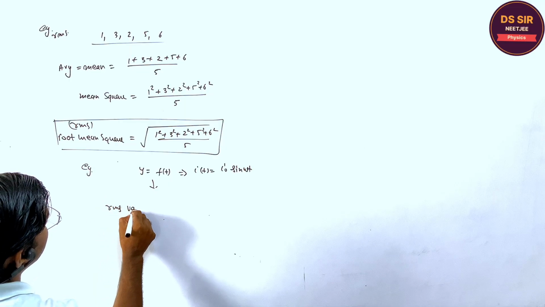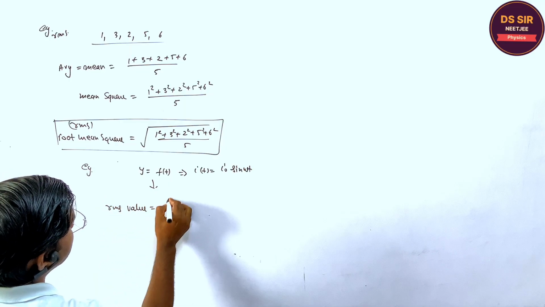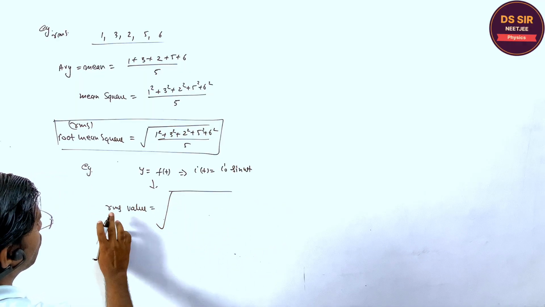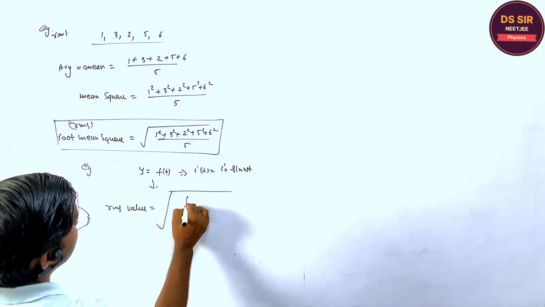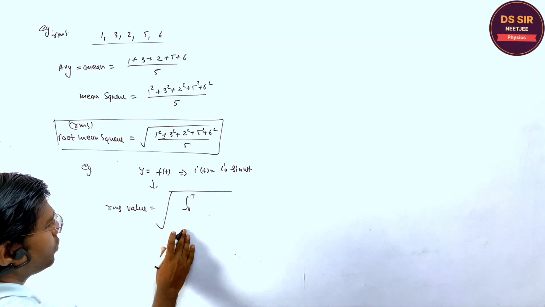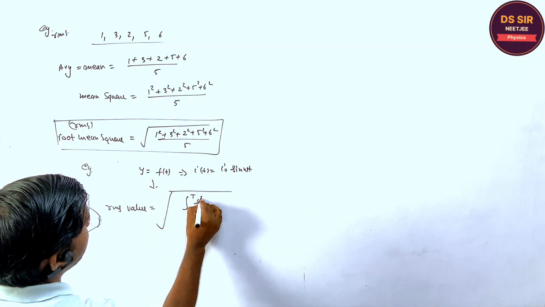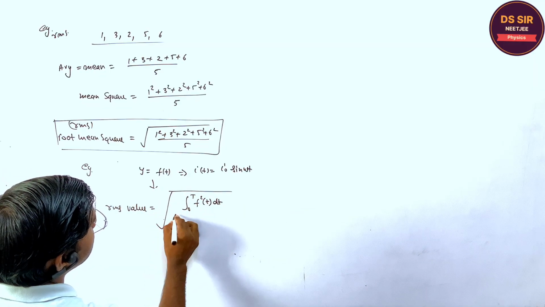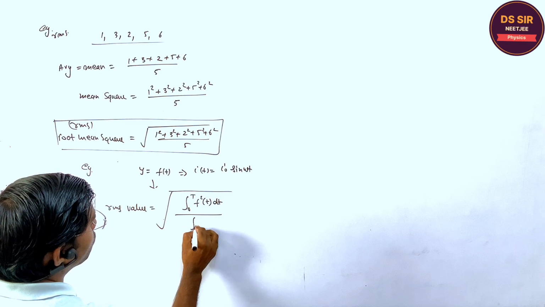The square root of the mean, from 0 to t or t1 to t2, whatever the time period is given, of f square t dt.